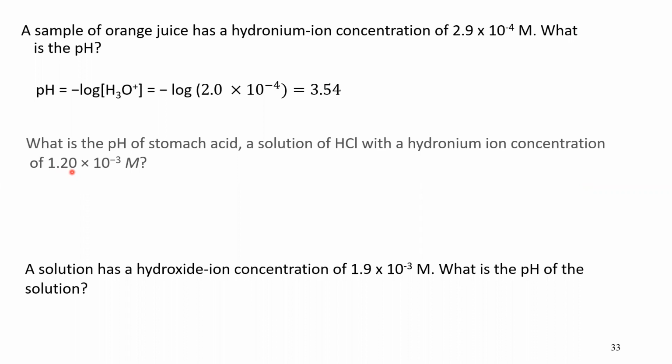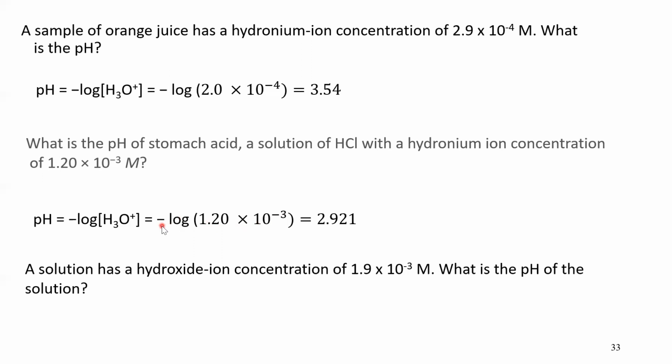Okay, put a little star there so we remember how to do that. The number of significant digits in the concentration tells us the number of decimal places in the pH. Okay, so we want to take the negative log of 1.20 times 10 to the minus 3.